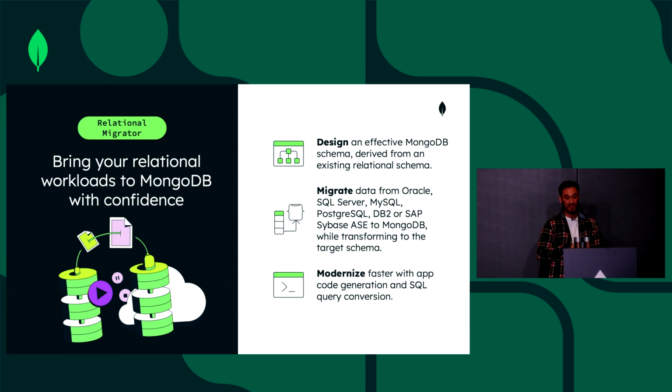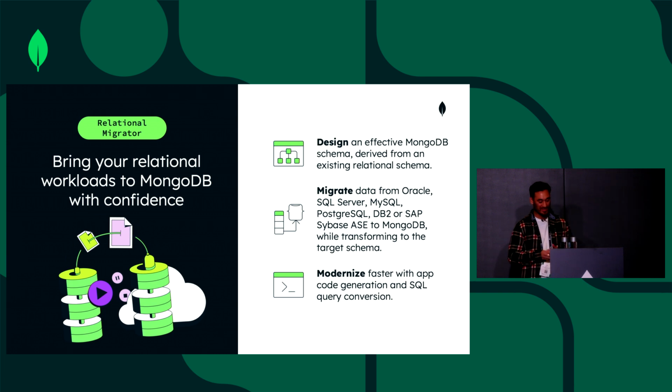It also allows you to migrate that data from a relational database such as Oracle, SQL Server, MySQL, Postgres, and migrate that either to MongoDB Atlas, which is our cloud platform, or on-premise, as well as some code generation and SQL query conversions, which I'll tap into in a few slides.